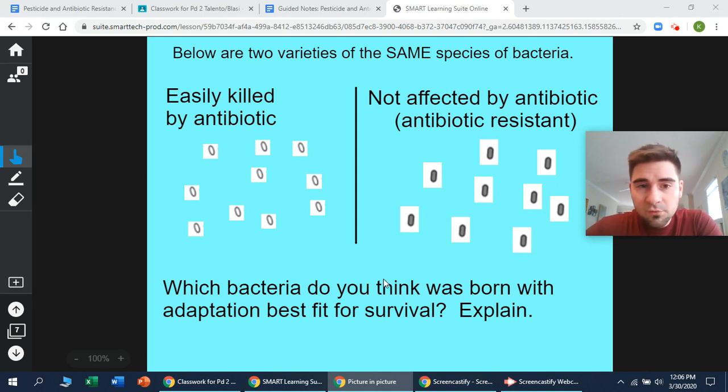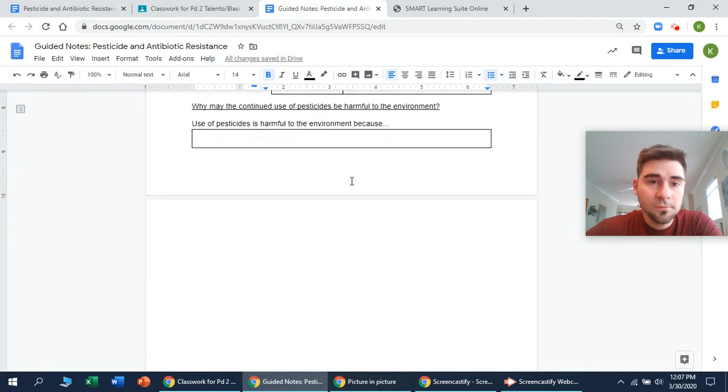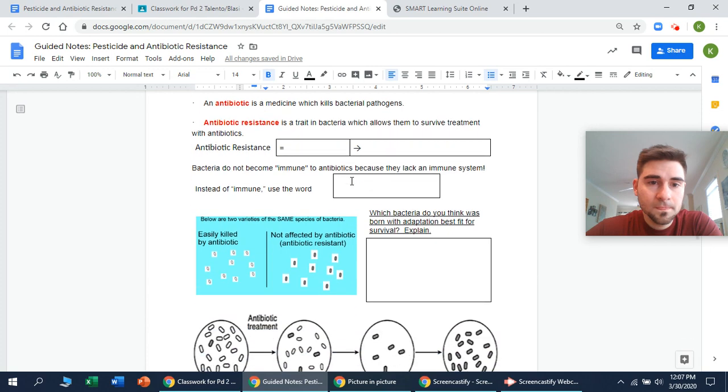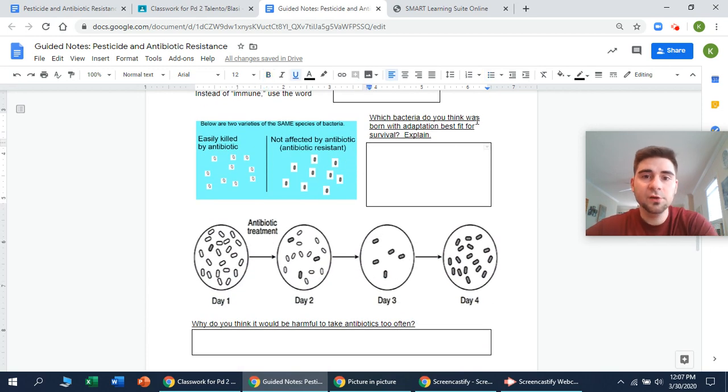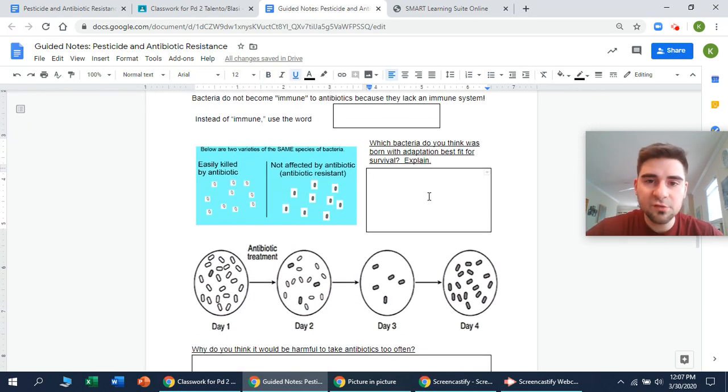All right, so hopefully what you've come up with is the fact that the bacteria here that are resistant are better adapted for the environment, right? So which bacteria do you think was born with adaptation best fit for survival?